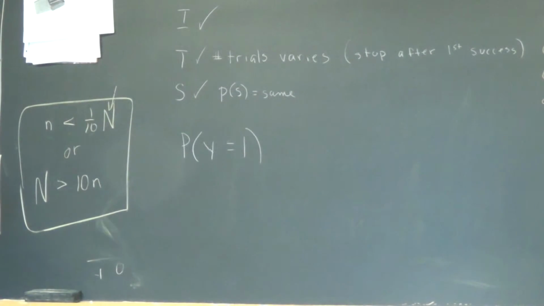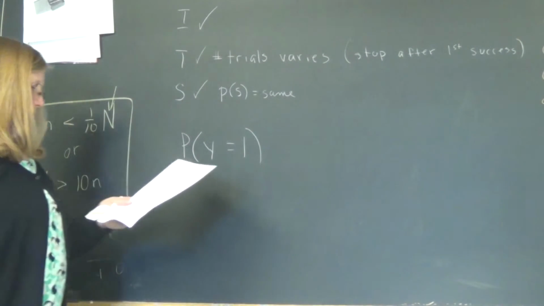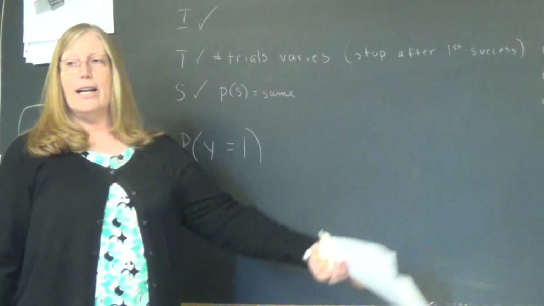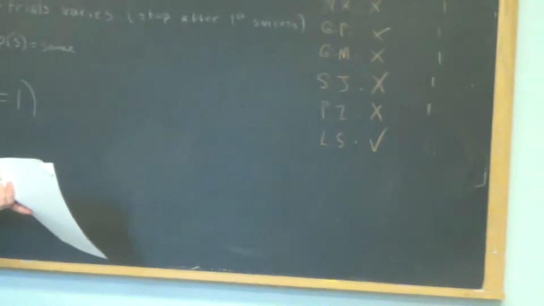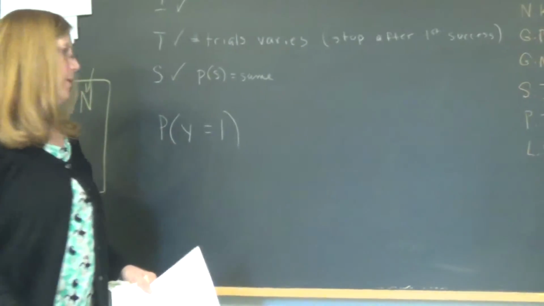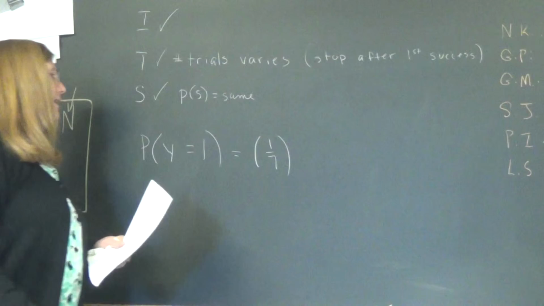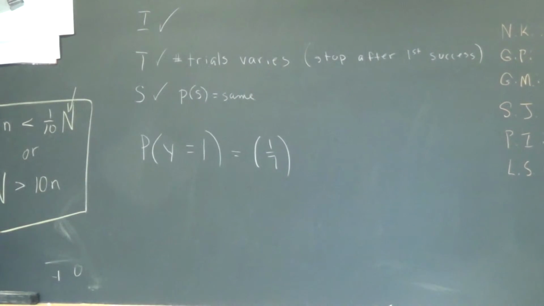To calculate that, we have to know the probability of guessing the right day of the week. 1 out of 7. So that is the probability that Y equals 1 for the birthday game.